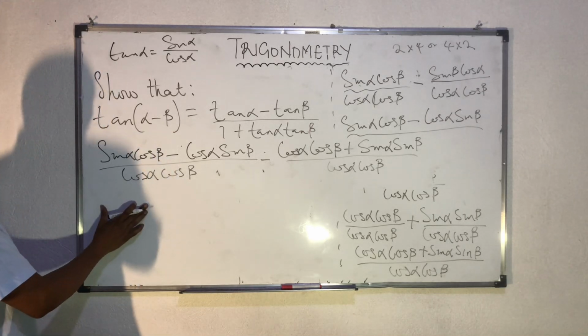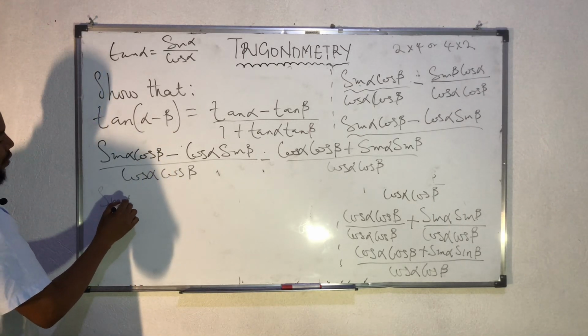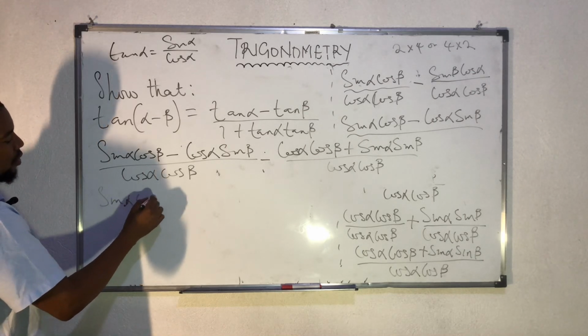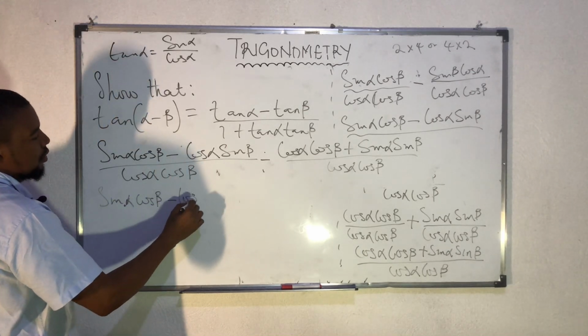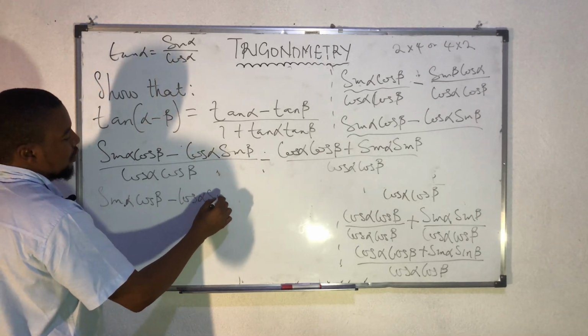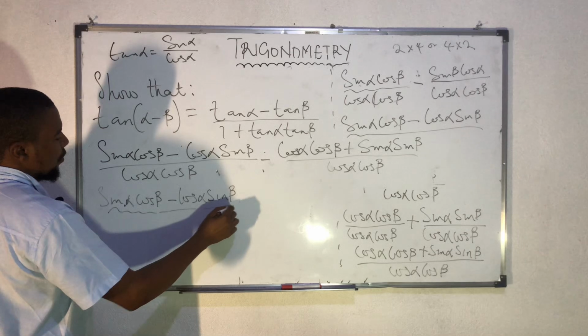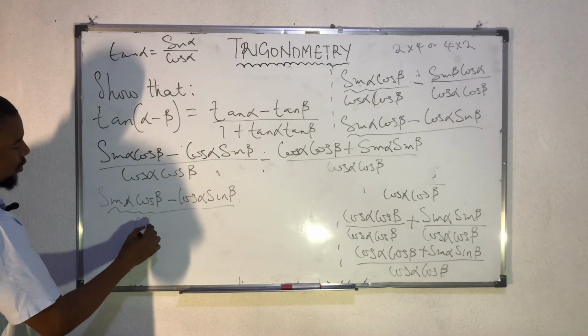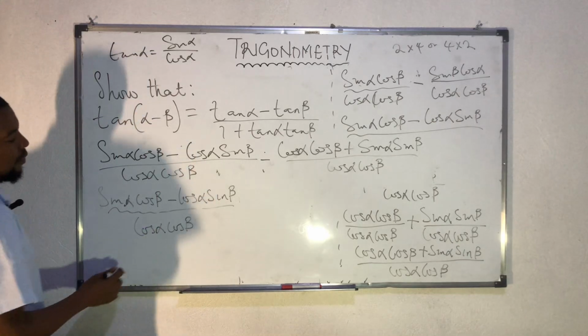Writing this expression, we're going to have sine alpha cos beta minus cos alpha sine beta over cos alpha cos beta.